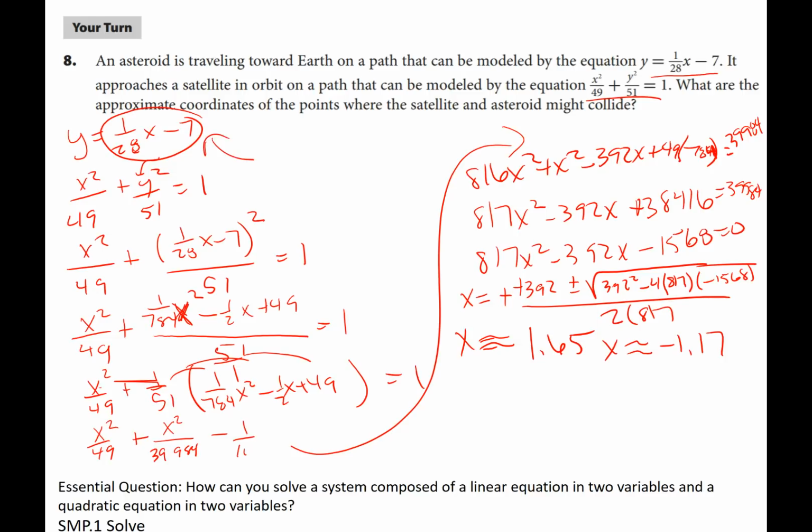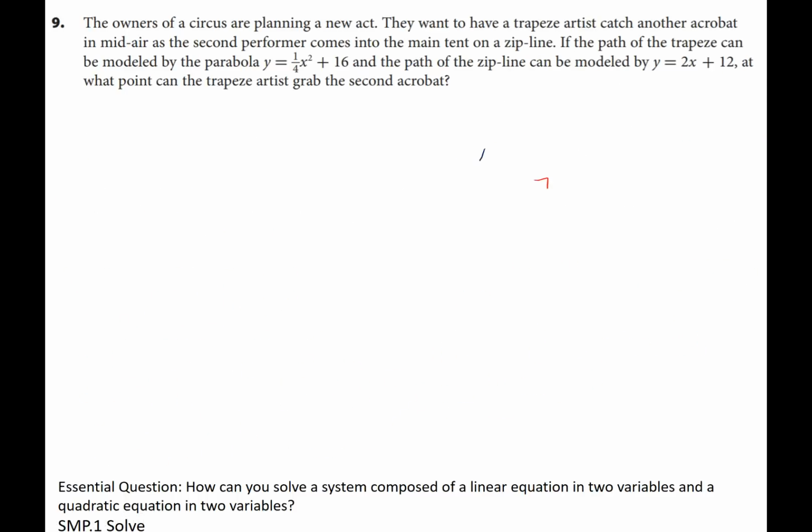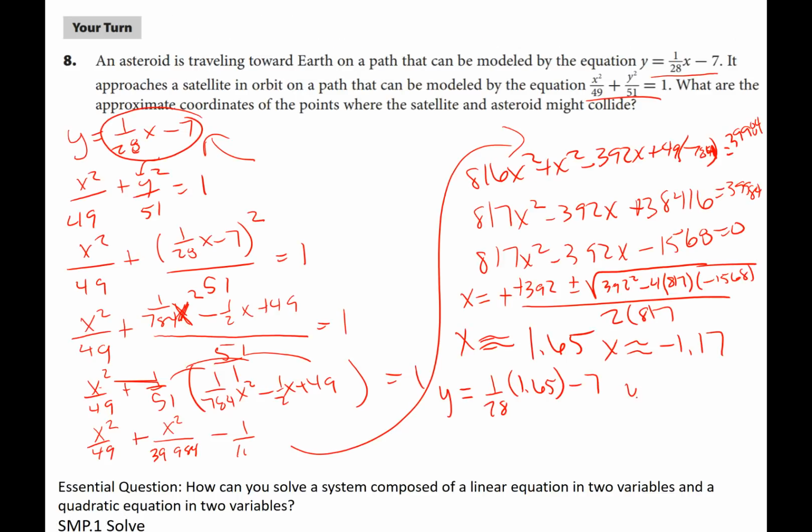Then we need to substitute back into something. I'd probably go into that one there and find the y values. So we do y equals 1 over 28 times 1.65 minus 7. And then, oh, please tell me it's still there. There it is. Okay. y equals 1 over 28 times negative 1.17 minus 7.